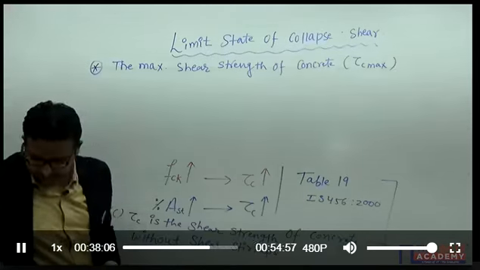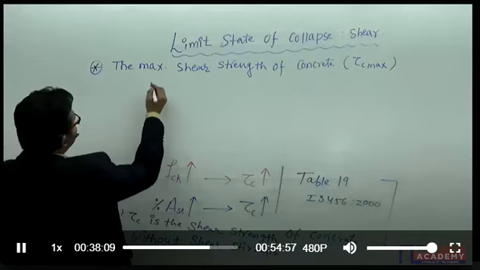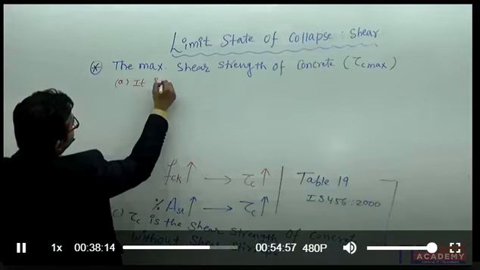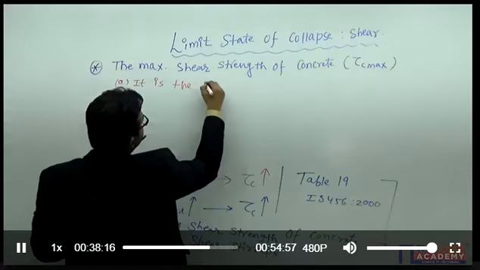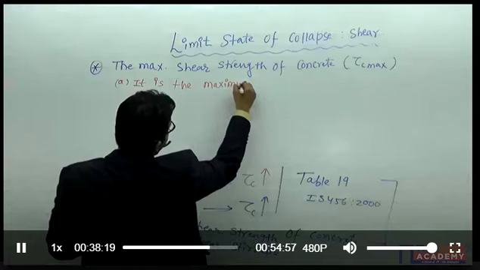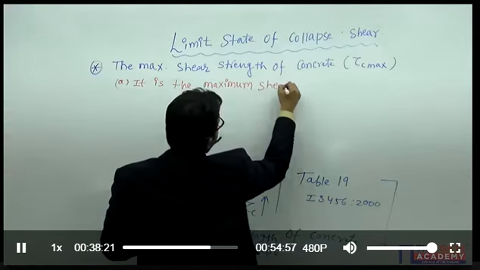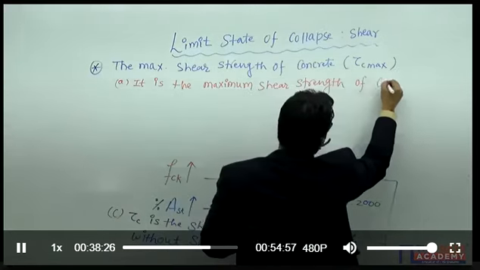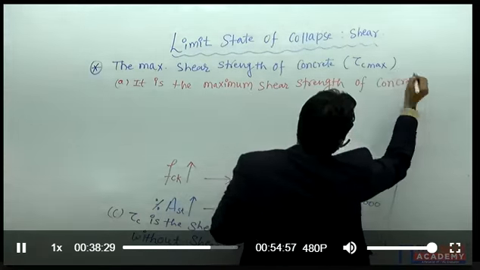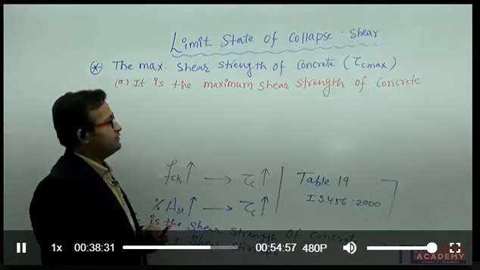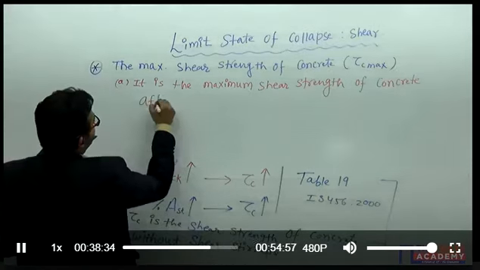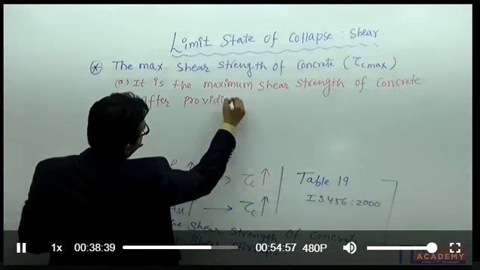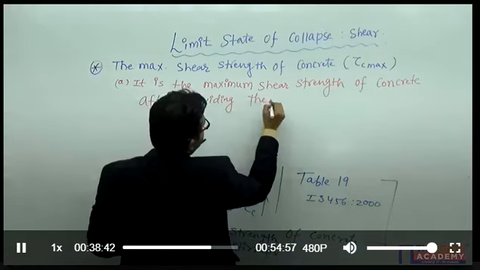So tau c max is the maximum shear strength of concrete, the maximum shear strength of concrete after providing the shear stirrups.